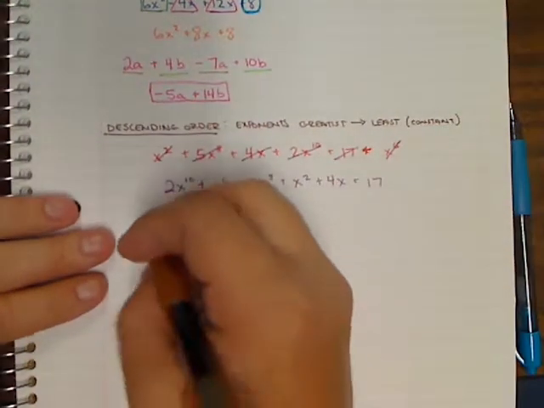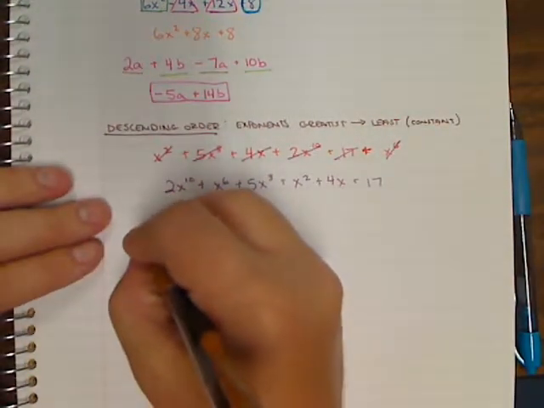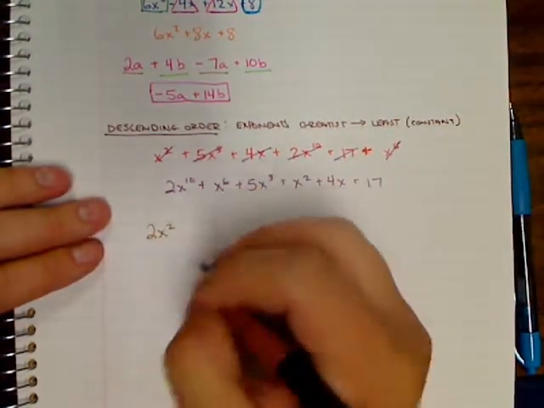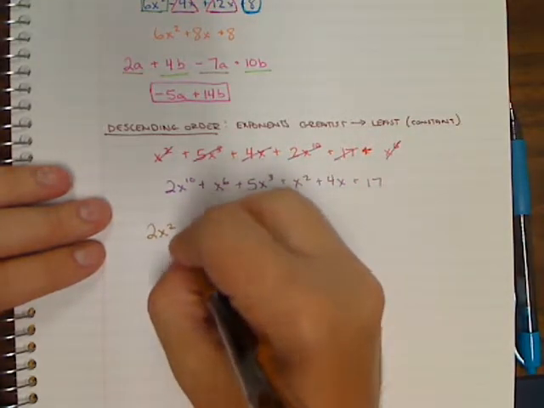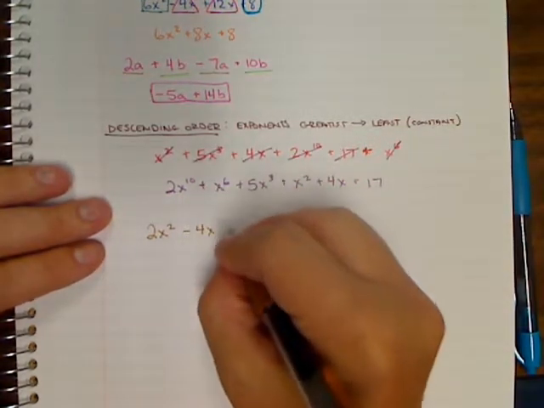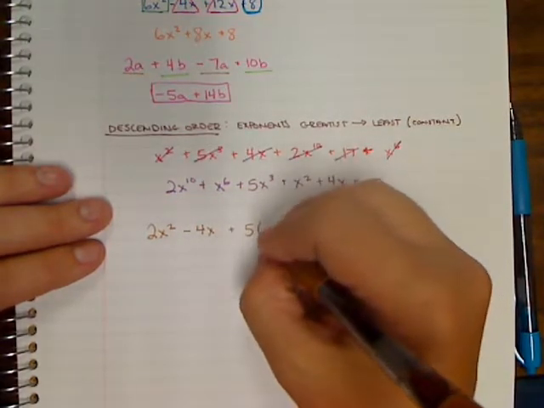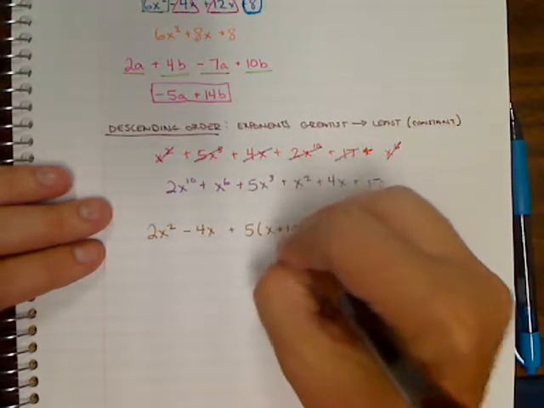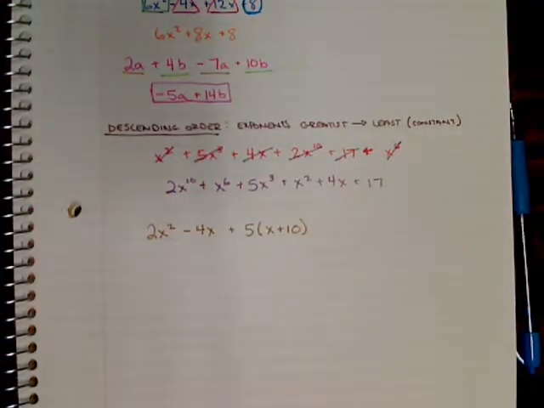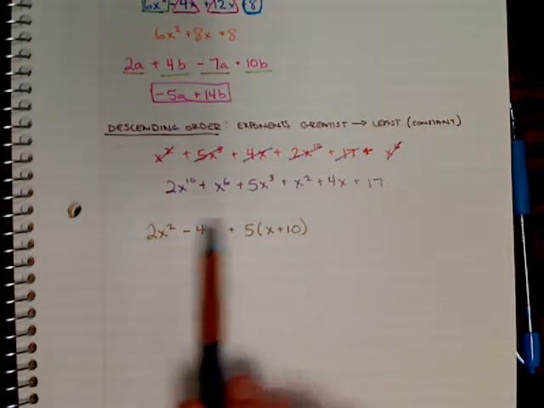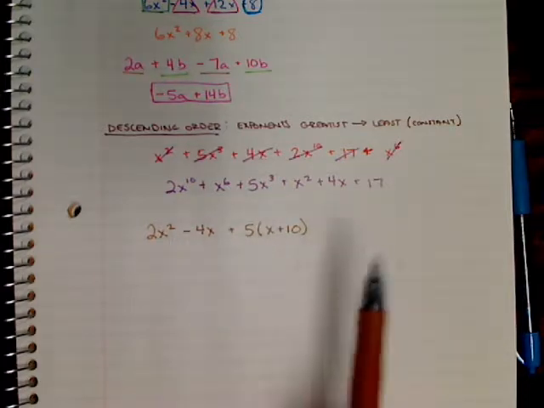So maybe I have a problem that's like 2x squared minus 4x plus 5 times x plus 10. Okay, when I'm looking at this problem, we got to follow PEMDAS, right?